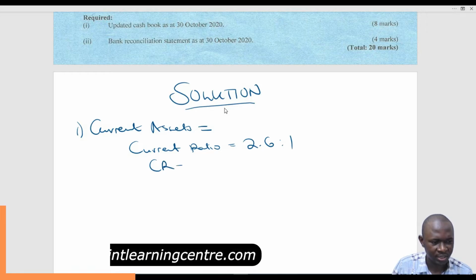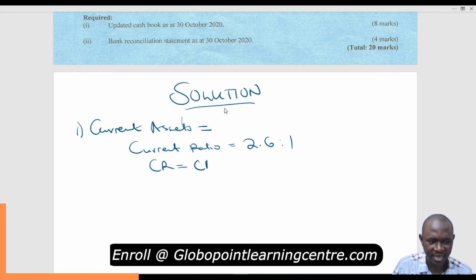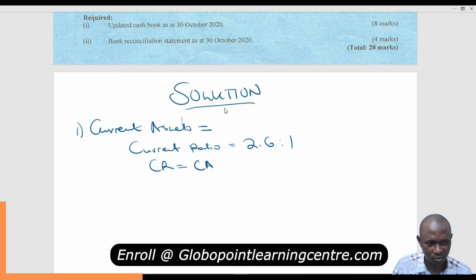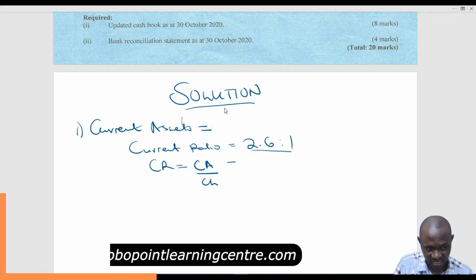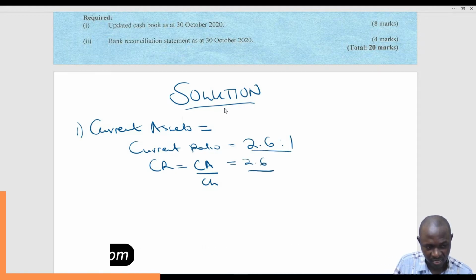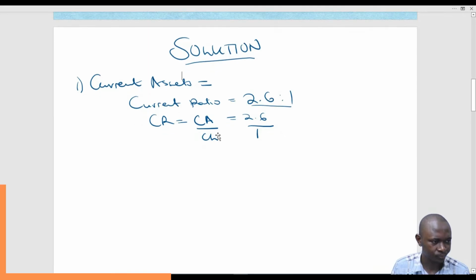Now we all know current ratio is current assets over current liabilities, and that's what is giving us this ratio. So what this ratio means is that current assets is 2.6 and current liabilities is 1, if we are to interpret that ratio.